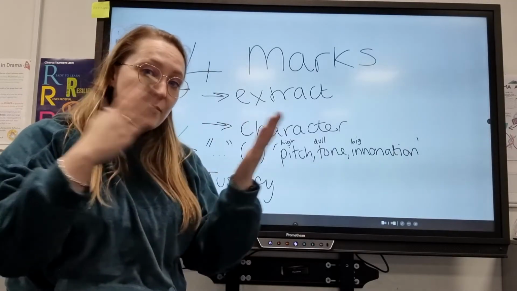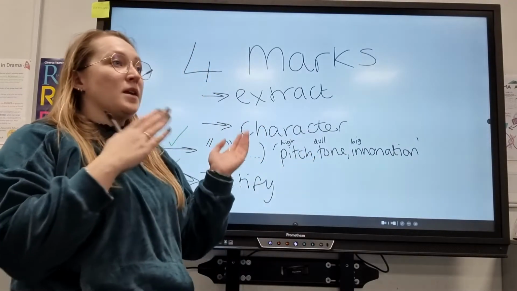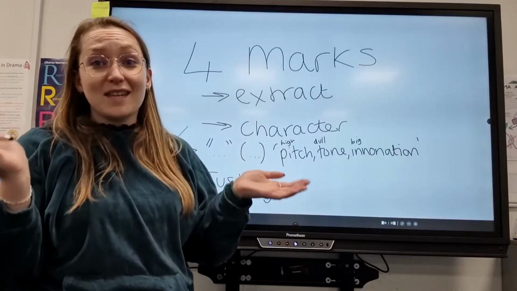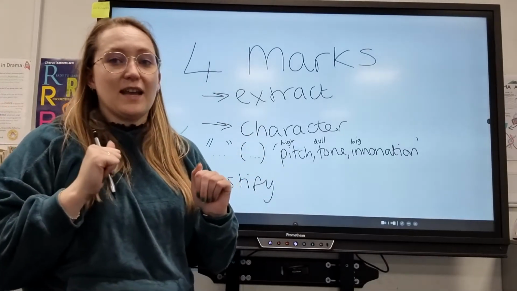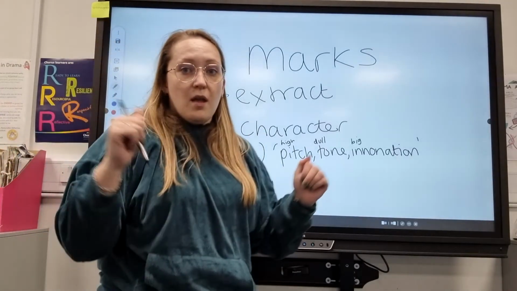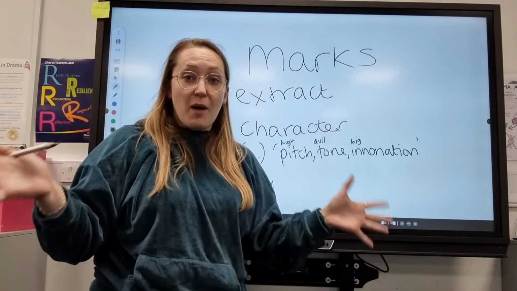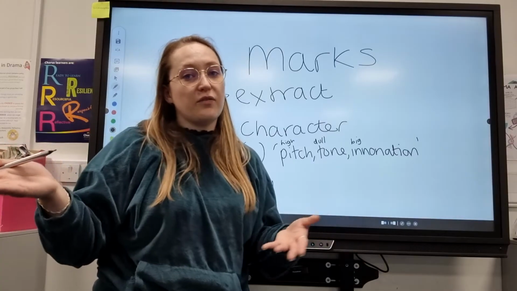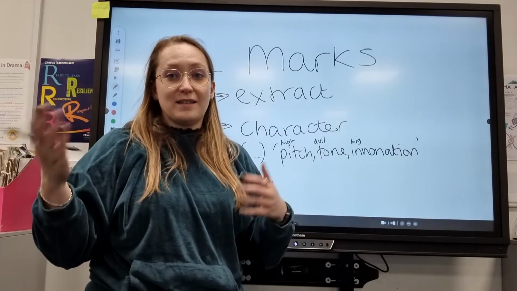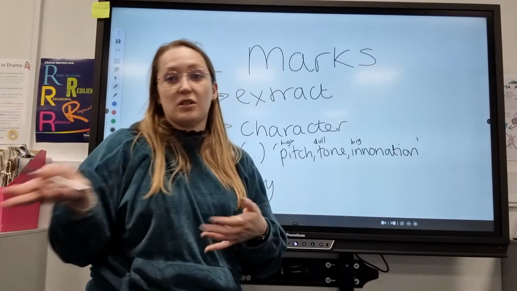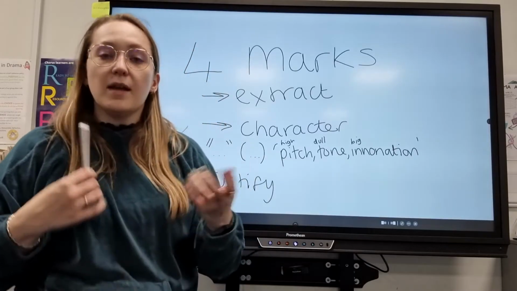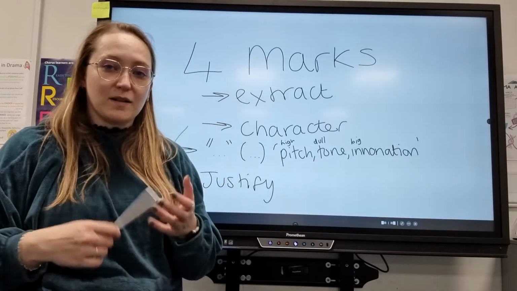So how that would read as a bullet point is, on the line, dead, I would have Jan stood with an open body language and wide open palms to show that she is confused at what Mark is saying, or to show the audience that she's confused at what Mark is saying. Okay, that would get you your 2 marks there.